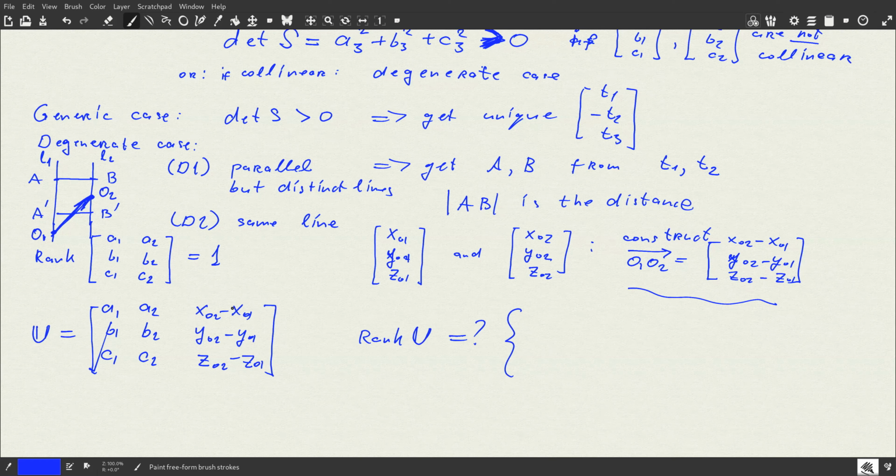It would not be equal to 3, because we already know that since the rank of the original matrix is 1, the first and the second columns are linearly dependent. Because these columns are linearly dependent, the matrix U cannot have 3 independent columns. Therefore, it may only have either 1 or 2 independent columns. So it may be still 1 or 2, but not 3.